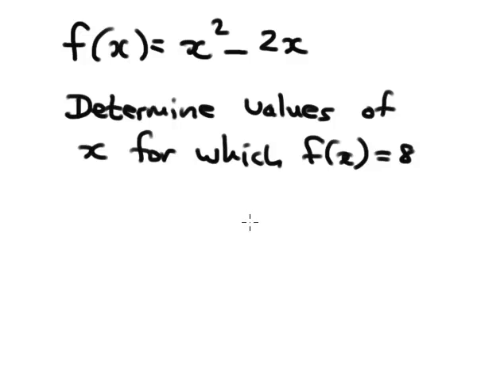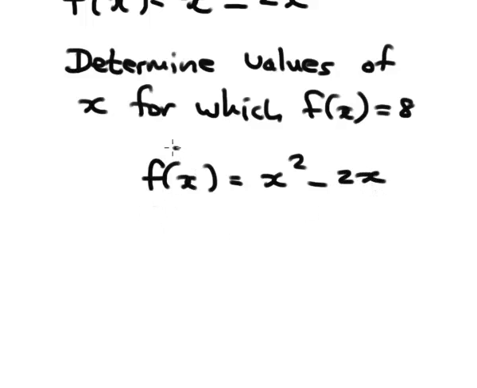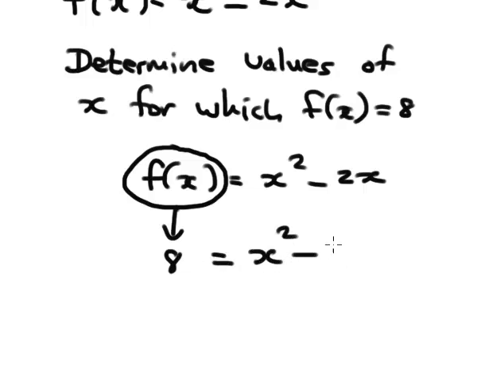Okay, now it's really easy to do this, because look at this. If f(x) is equal to x squared minus 2x, what we know is that f(x) is equal to 8.